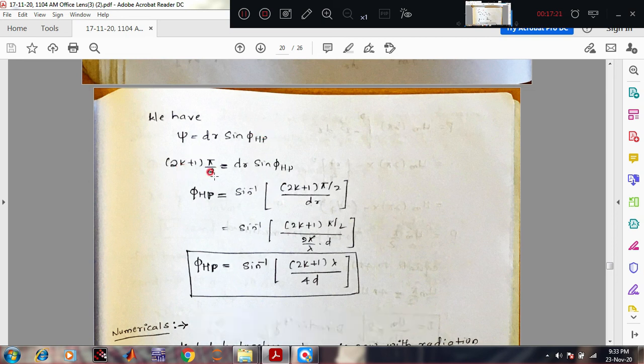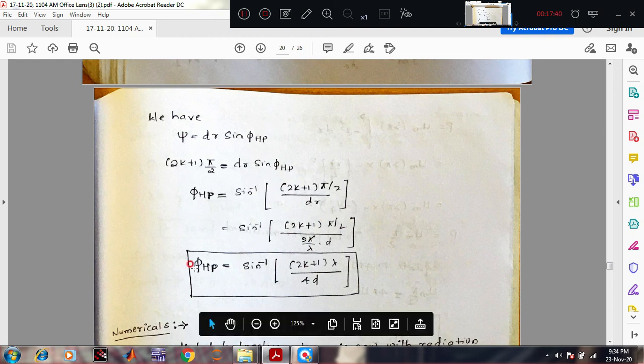Phi hp is sin inverse of (2k plus 1) pi by 2, divided by dr. Substituting dr as 2 pi by lambda into d, the pi and pi cancel. So phi hp is sin inverse of (2k plus 1) lambda by 4d. These are the required expressions.